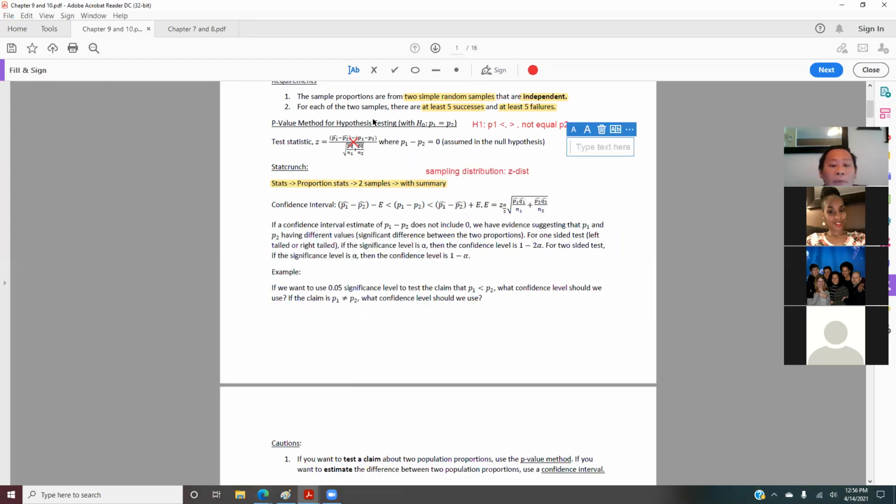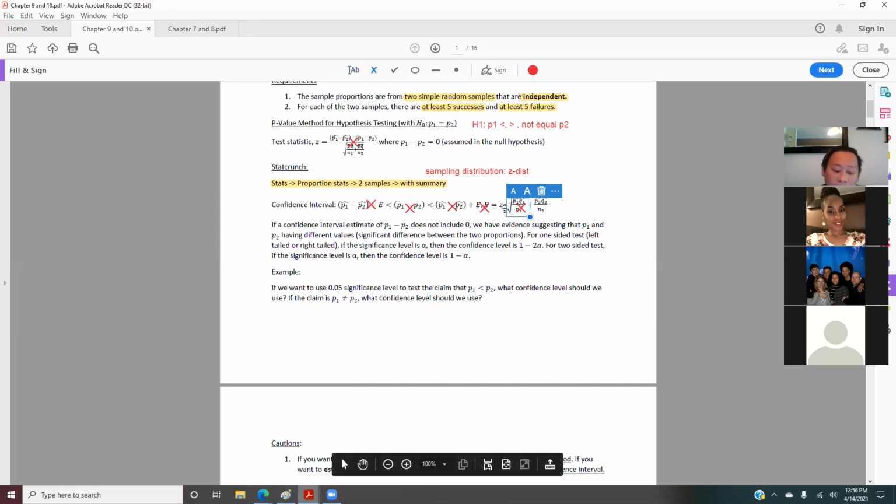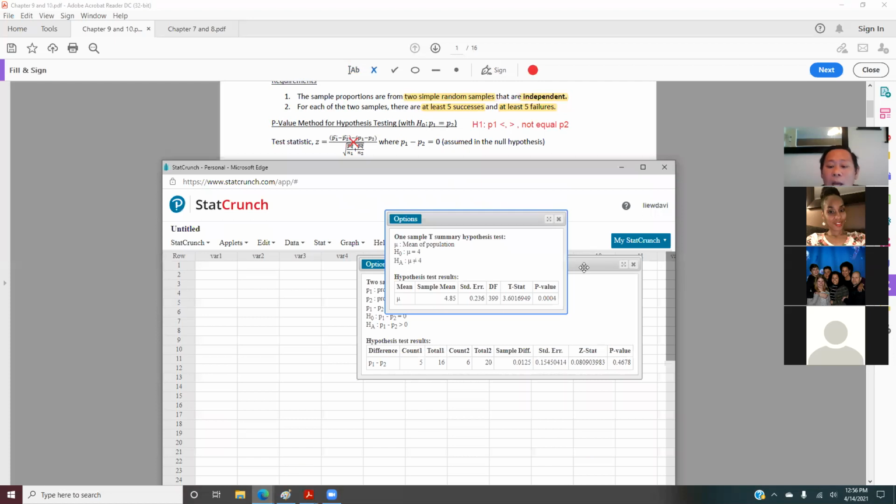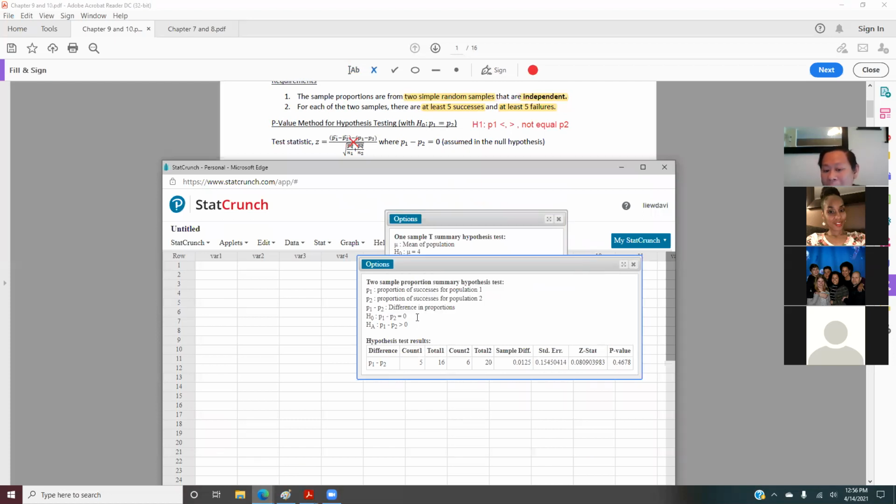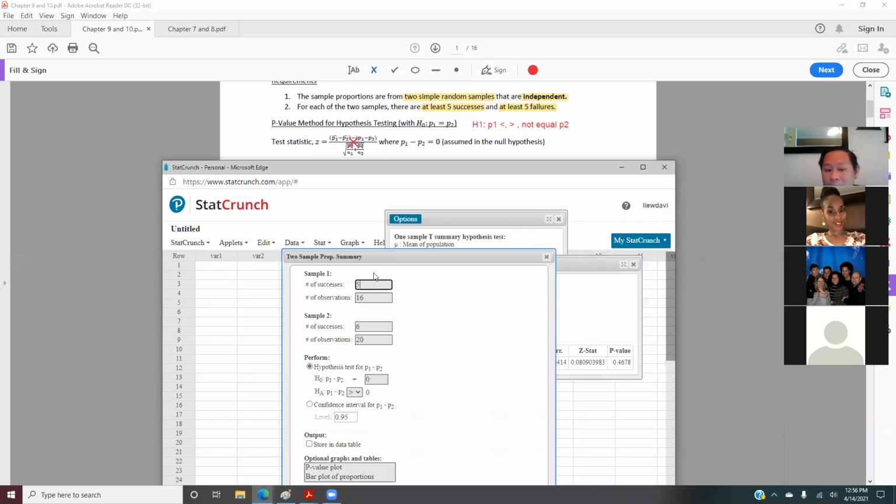Confidence interval: you do not need to worry about all this work. There are crazy formulas here. So how do we perform a confidence interval? You just take what you have from your hypothesis testing, go to Options, and edit it. Last time we did this for hypothesis testing.